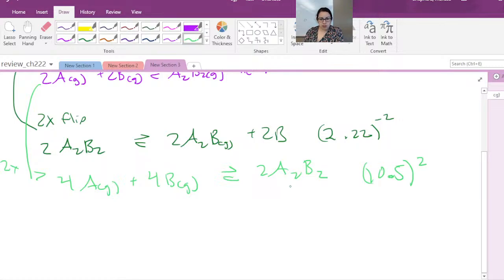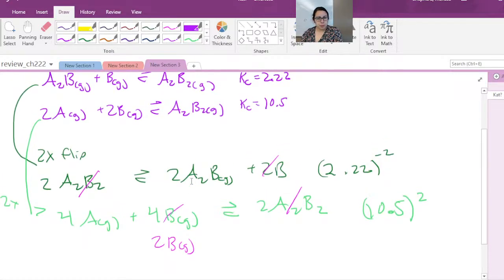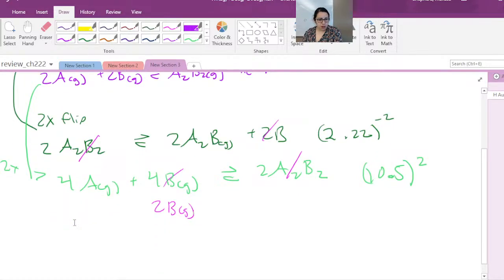And so let's see if this adds up. These cancel, and then we have 2B. So this becomes 2B, and I'll just rewrite it. So we're giving back 4A as a gas plus 2B gives us 2A2B.